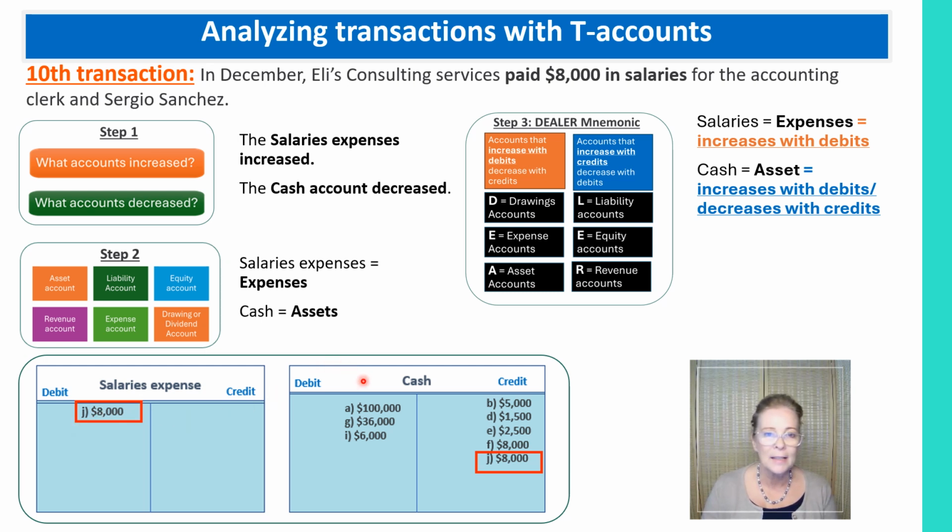Cash is an asset. We learned in step 3 that asset accounts decrease with credits on the right side of the T account. We find the T account for cash and write the transaction ID of J and the amount of $8,000 into the credit column of the cash T account. Let's move on to transaction number 11.